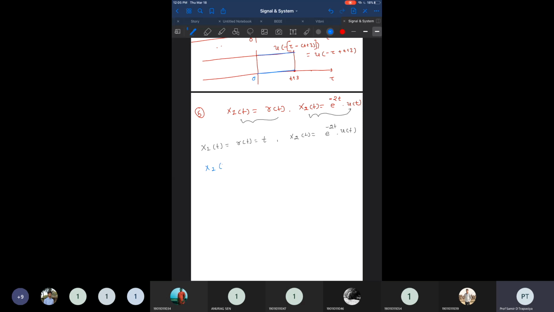If you solve this, first we have to find x1 of tau. So x1 of tau is tau, because every t is replaced with tau.